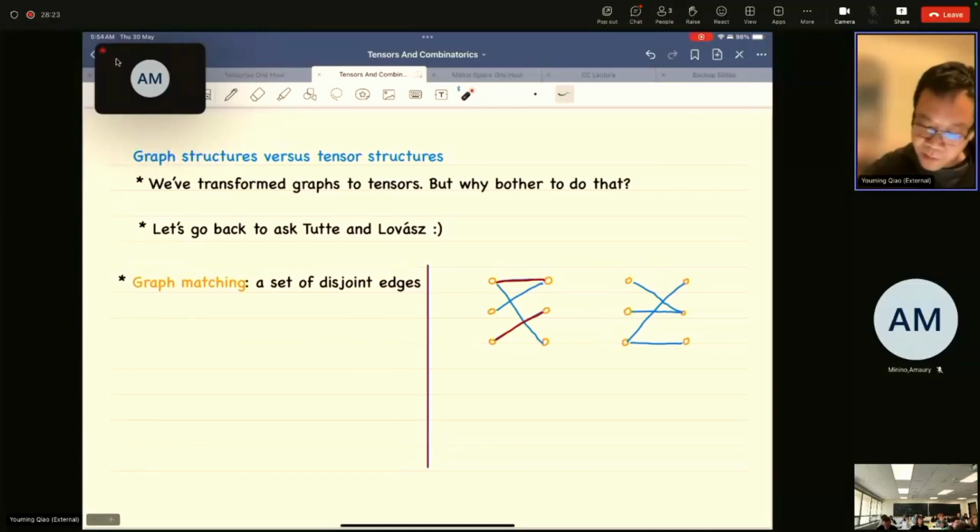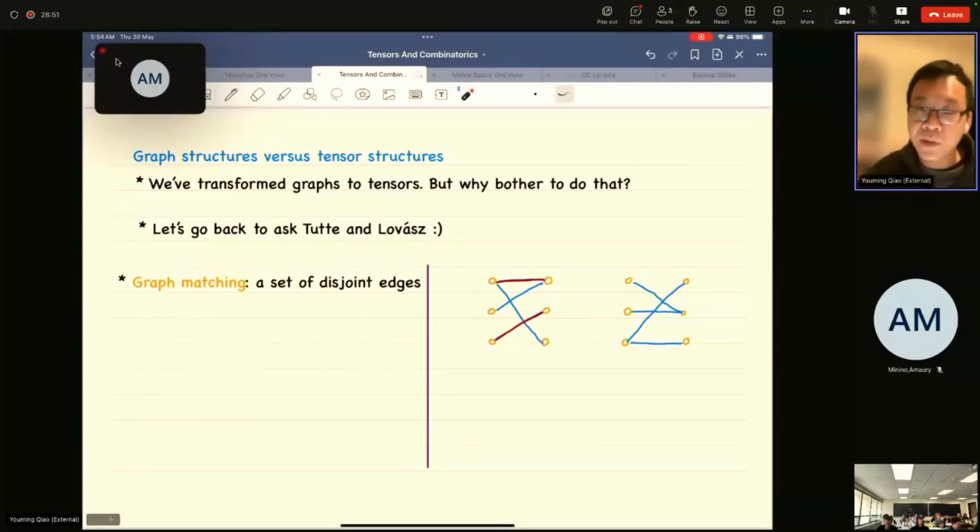Then you can see that these two red edges form a matching, because they do not share vertices. On the other hand, if you choose these two edges, then it will not be a matching because they share this common vertex.